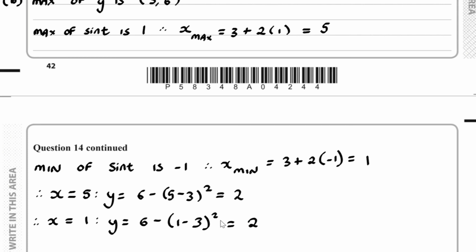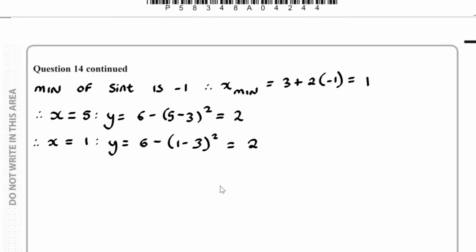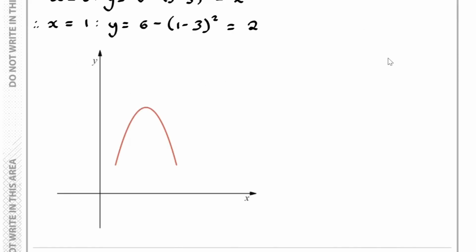So now I can easily sketch this curve. So our graph looks something like this. We've got a maximum at 3, 6, the point here, 5, 2, the point here, which is 1, 2.